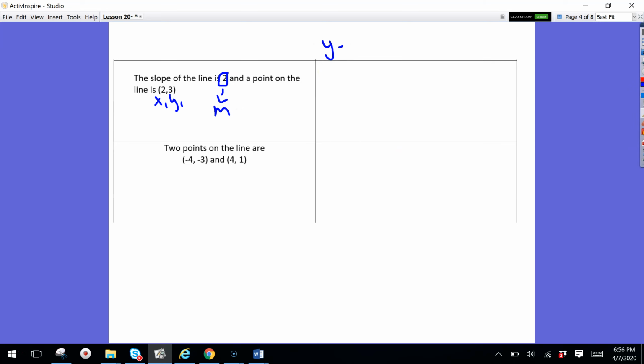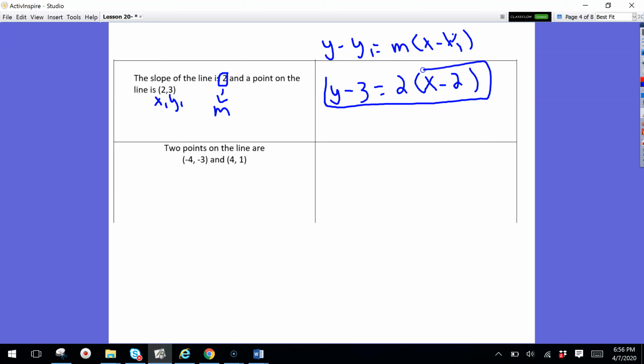It's y minus y1 equals m parentheses x minus x1. And you will always have this in your reference sheet to look back at. So I'm going to plug in my point: y minus my y1, which is 3, is equal to 2 parentheses x minus my x1, which is 2. And that's it. This is the equation that can best represent the situation.